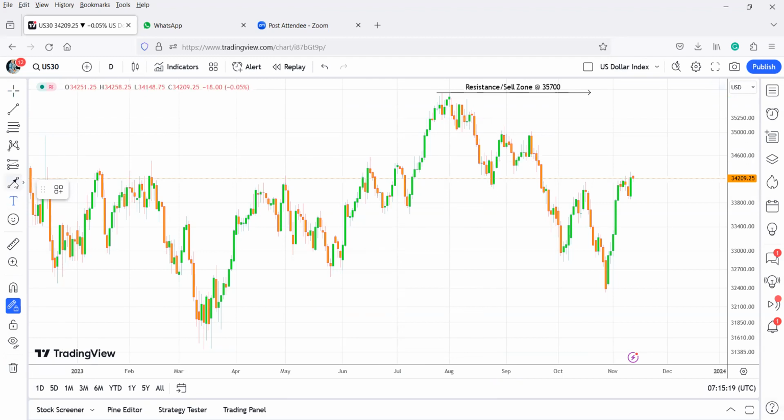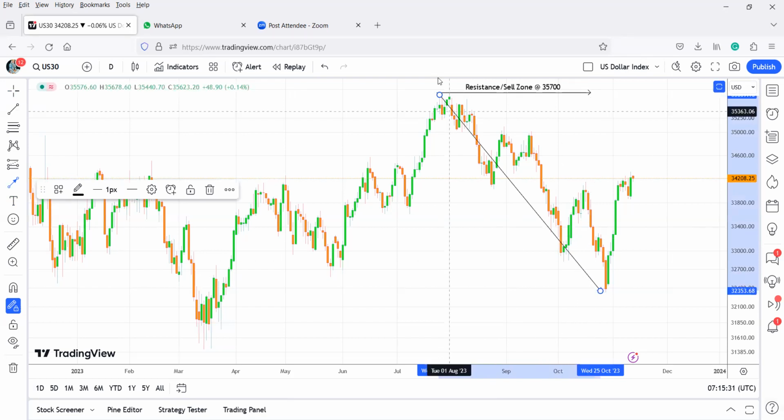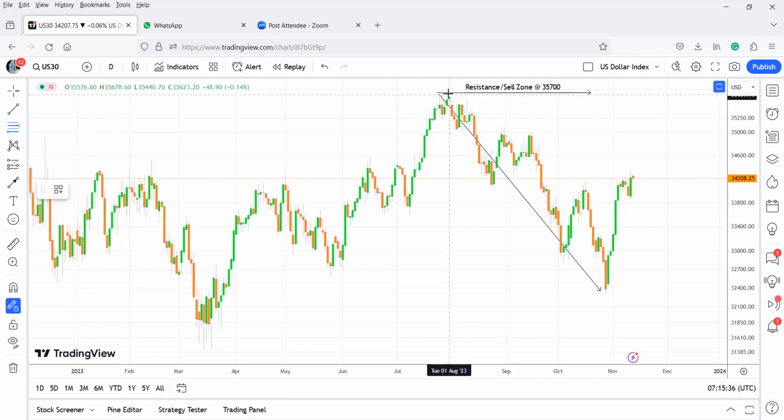So to give you a simple outlook on the daily chart, you see that a boundary has been created between 36,000 and almost 32,300. All right, so that boundary was to be retraced.